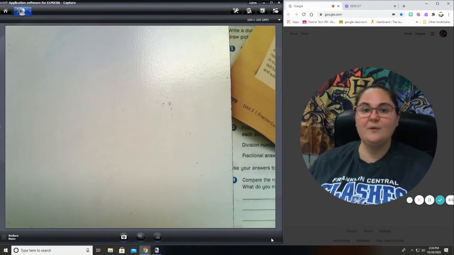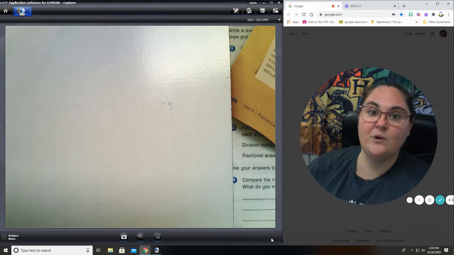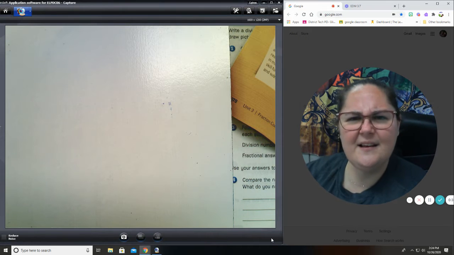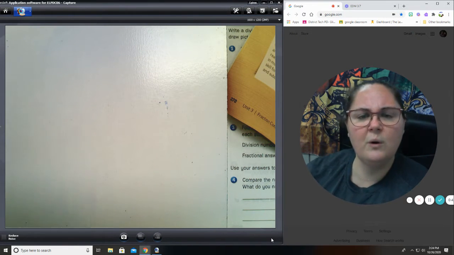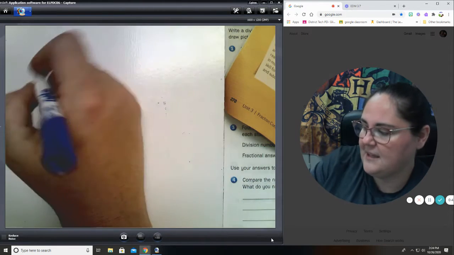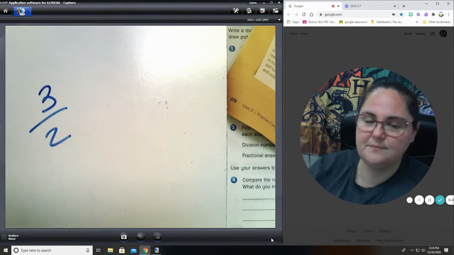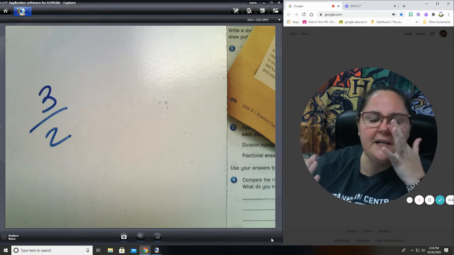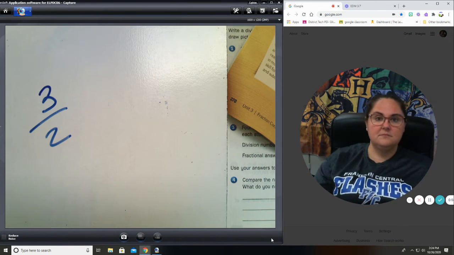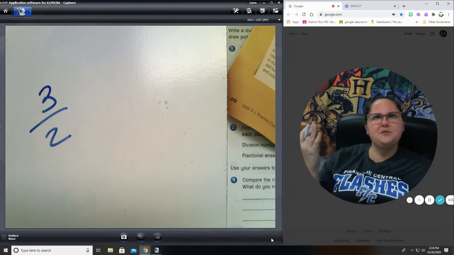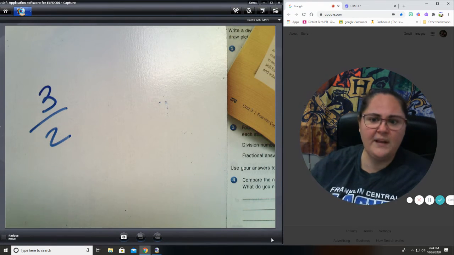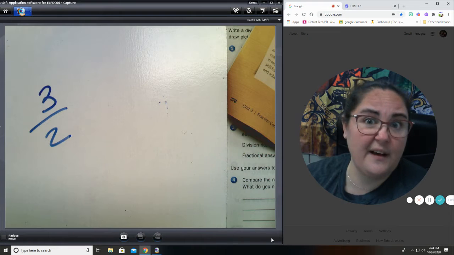So today we're going to start with some more mental math. We are again working with fractions, and we're going to think about using those benchmarks to help us out sometimes as well. If I had a fraction that was 3 over 2, and I were trying to put that on a number line, where would I put it? What do you think? Well, the strategy is to divide. We know that fractions mean divide.